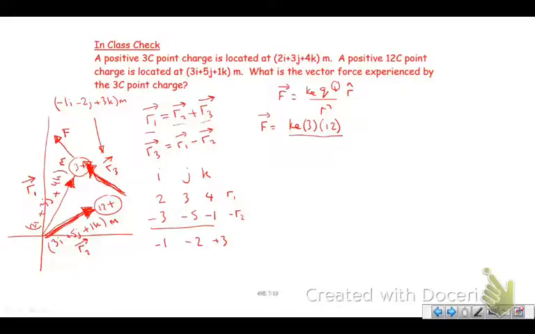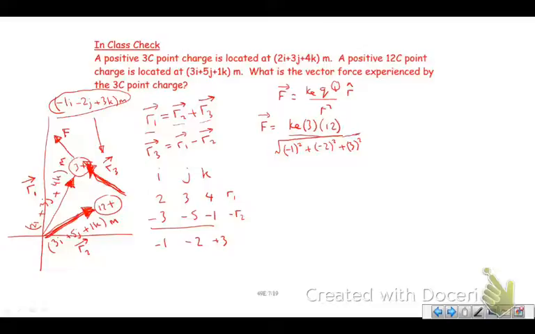How can I go from a vector and find its magnitude? What do I do to find the magnitude of an ijk vector? Oh yeah, so I do minus 1 squared plus minus 2 squared plus 3 squared.